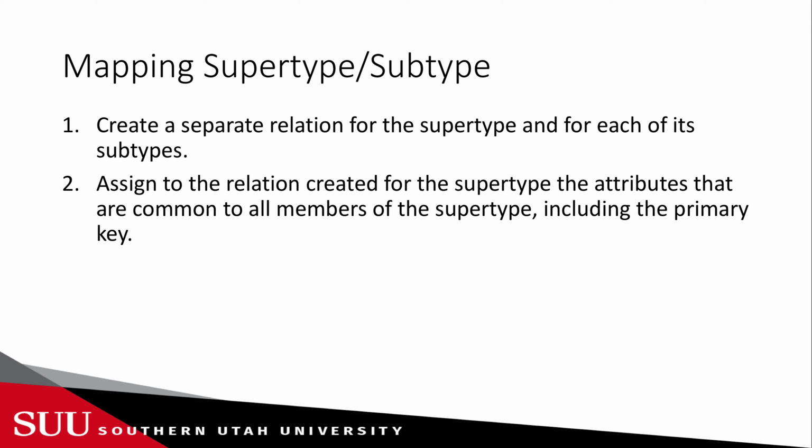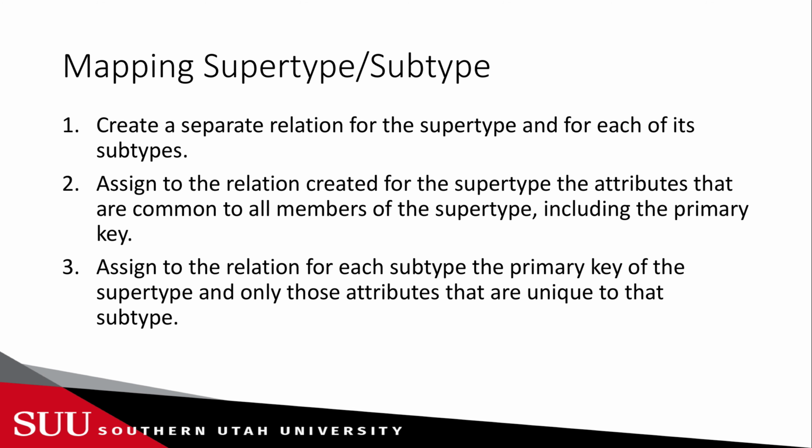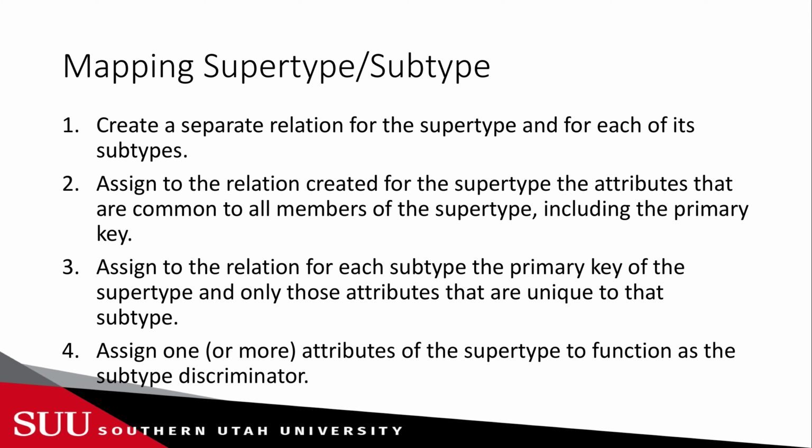Remember, because the supertype is going to have all the common attributes, so it makes sense that the relation that is associated with the supertype is going to have the common attributes as well. Now for the subtypes, we'll assign the specific or unique attributes for that subtype. And we will assign possibly one or more attributes for the subtypes to serve as the subtype discriminator.